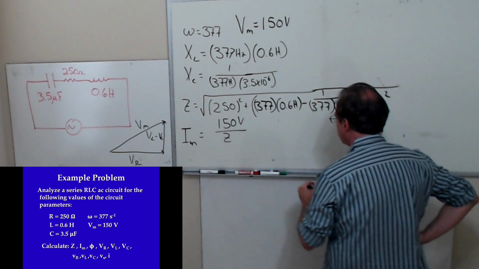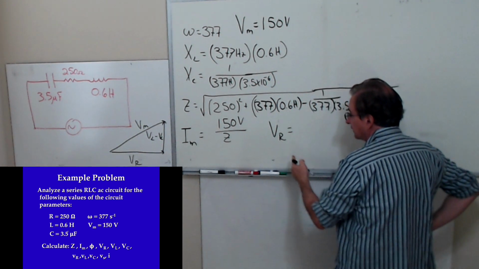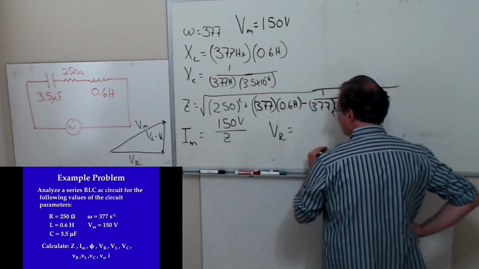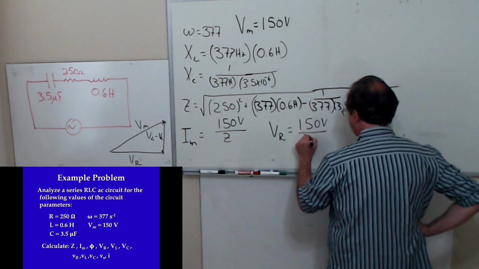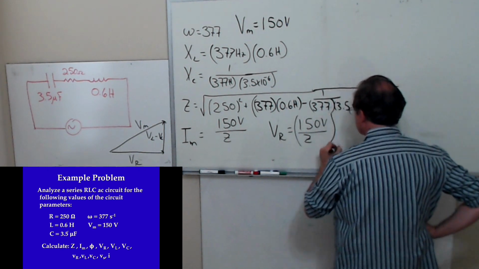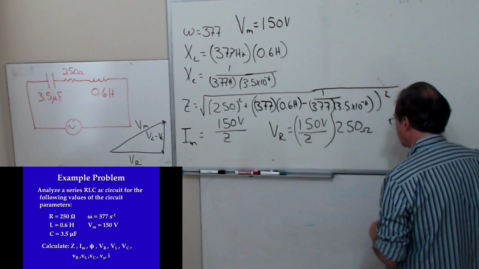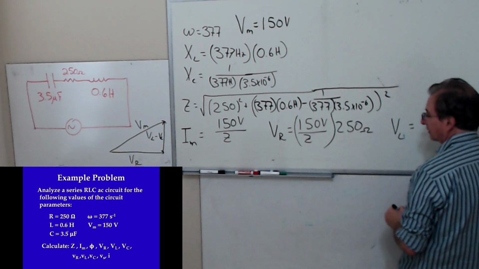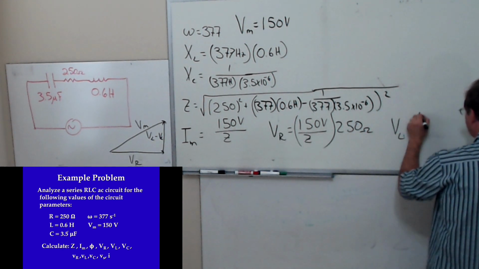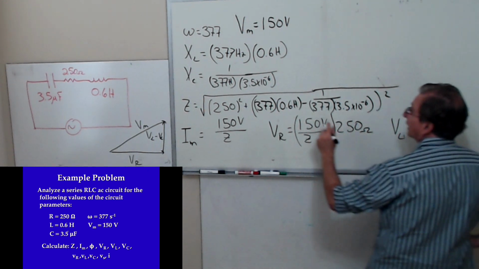And then to find V sub R, I'm going to take this thing times the resistance. To find V sub L, I'm going to take this thing times this guy.